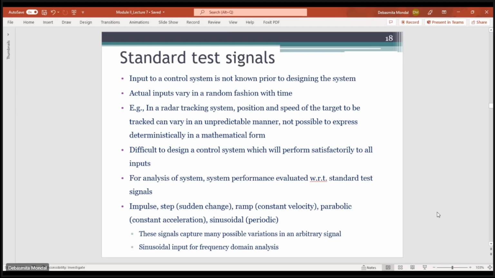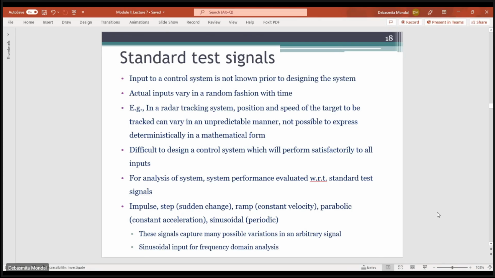If you see the characteristics of the actual signals, whenever a control system is present, the properties or the output of the control system are generally severely affected if the system is provided with a sudden shock, or there is a sudden change in the input. Those kinds of inputs can be represented easily using the impulse. If there is a sudden shock, a spike in the input, that will be represented by an impulse signal.